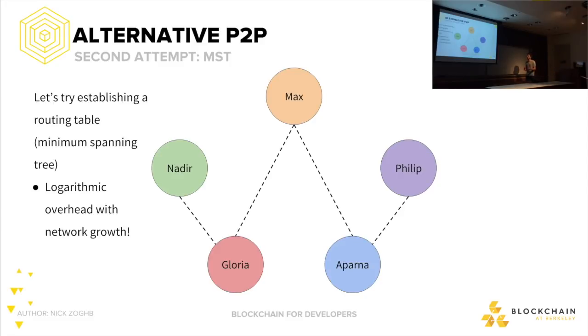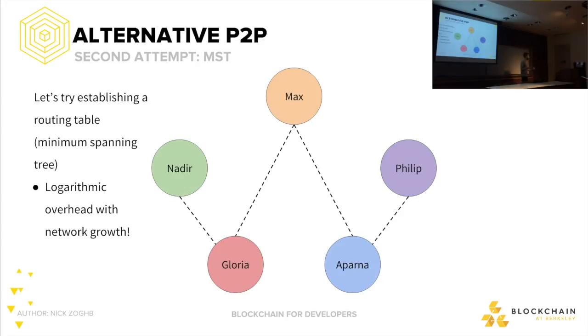By the way, for people who haven't taken CS70, a graph is basically a representation of networks, through nodes and edges, where edges are the lines between the nodes. And instead of connecting everybody to everybody else, what we're doing here is drawing the minimum amount of lines between nodes such that everybody can reach everybody else. So basically, Nadir can reach Philip by going through Gloria, Max, and Aparna. Does that make sense?